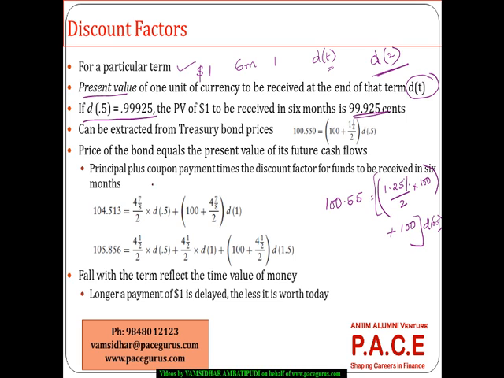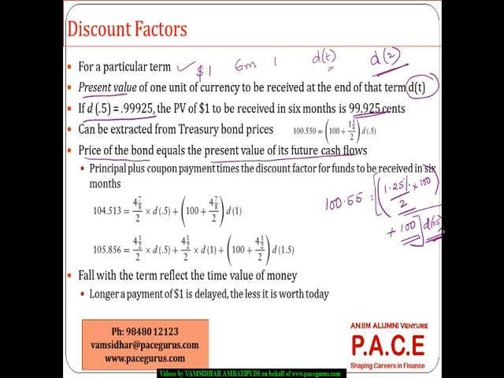So these two should be equal. What are we saying? The price of the bond should be equal to the present value of the future cash flows. So the future cash flows, which are the principal along with the coupon, I'm multiplying with the discount factor for the funds that are going to be received in 6 months.